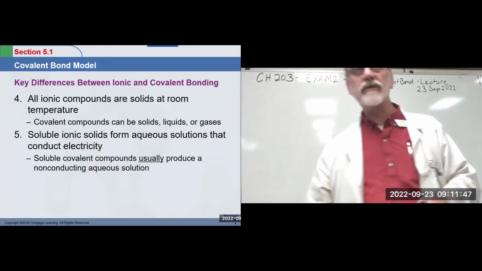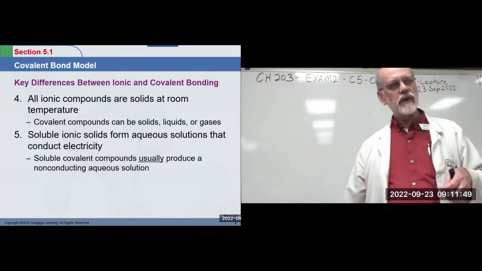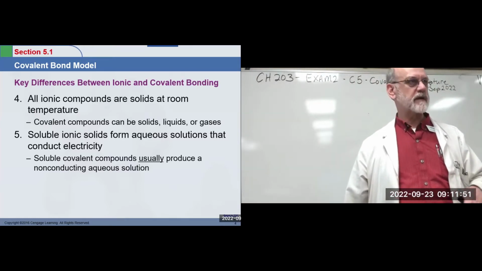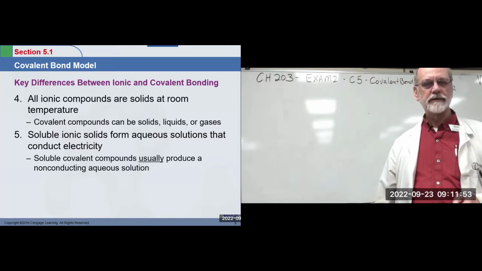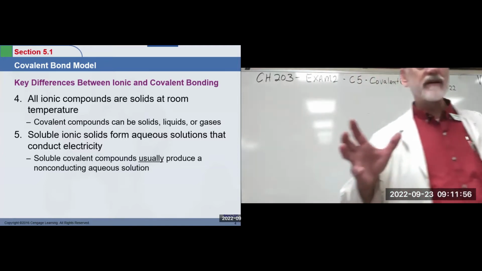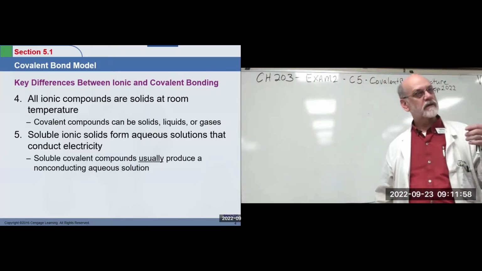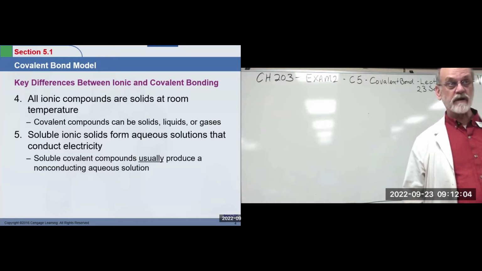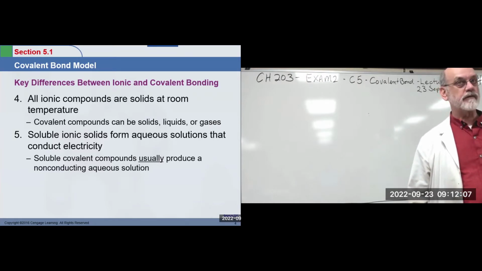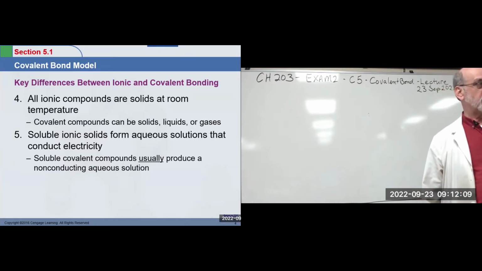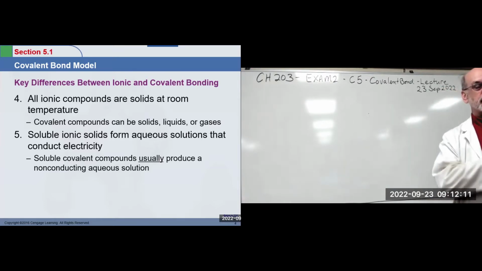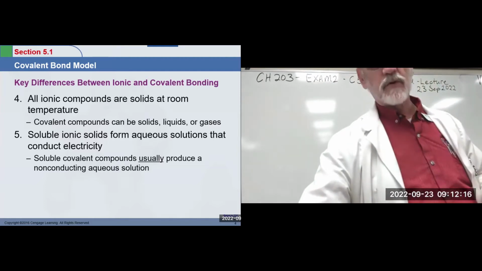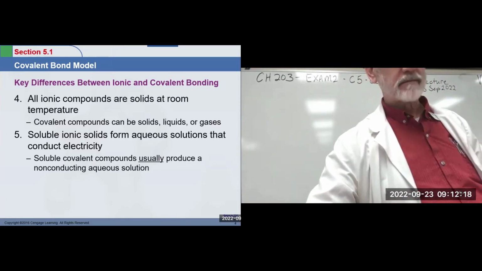Whereas covalent compounds, not always, but usually don't conduct electricity. There are some exceptions. But in any event, if you have a covalent compound that goes into solution, if it's going to conduct electricity, some part of that molecule has to break off as an ion. Otherwise, there's no route for the charge to transfer through the solution. But fortunately, they're not that common.